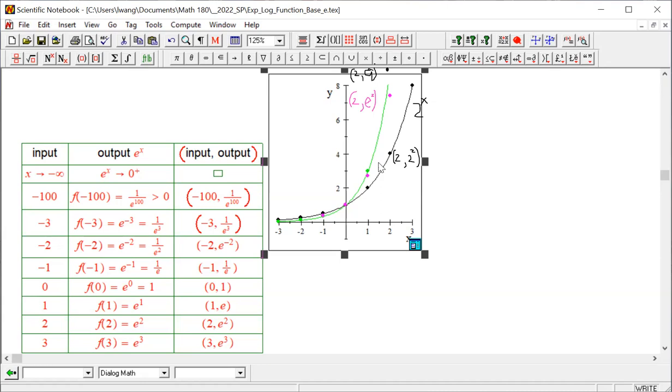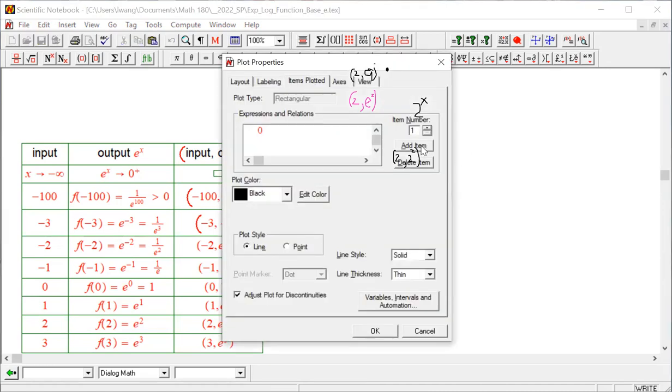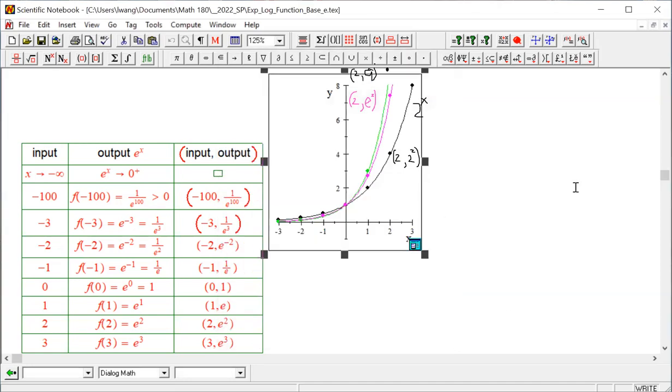So this is the picture. If we connect the dots, we have the purple colored curve in between 3 to the power x and 2 to the power x.